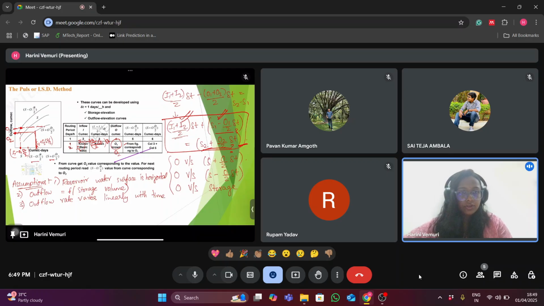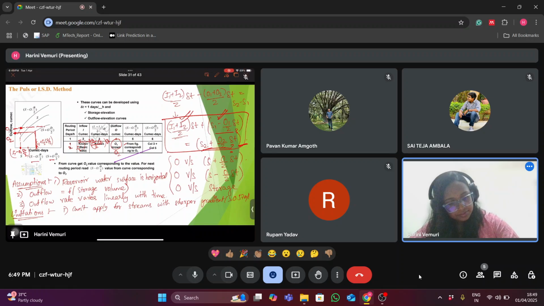Because of these assumptions, there are limitations in this method. First, we cannot apply it for streams with sharper gradient, that is, approximately if it is greater than 0.57 meter per kilometer, then we cannot apply this method.